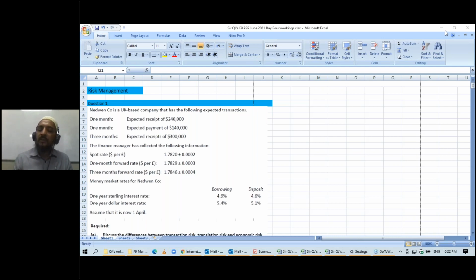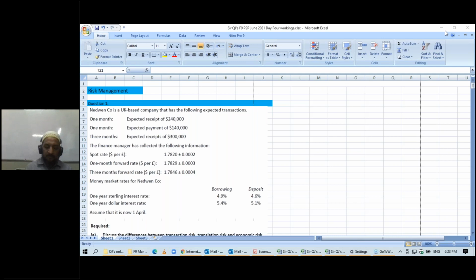So 3 of the hedges calculations are being asked, and those 3 are money market hedge, forward currency hedge, and forward rate agreement, which is for interest. Otherwise, all other hedges will be asked only on a theoretical basis. Descriptive answers will be asked, and descriptive means that there will be MCQs or objective type questions which will be theoretical. In that regard, you won't be asked any blanks or calculative work on other hedges. So remember these 3 hedges.